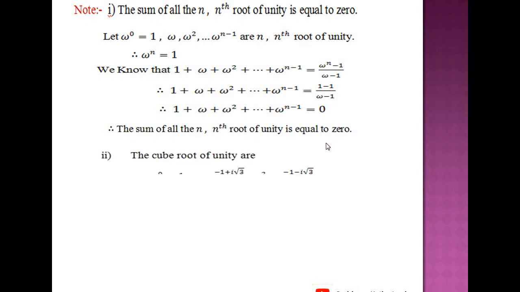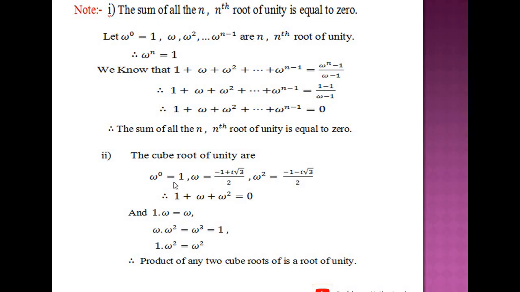The cube roots of unity are omega raised to 0 equal to 1, omega equal to minus 1 plus i root 3 upon 2, omega square equal to minus 1 minus i root 3 upon 2. These are the cube roots of unity, and therefore from these cube roots of unity also 1 plus omega plus omega square equal to 0. Now 1, omega, omega square are the cube roots of unity.